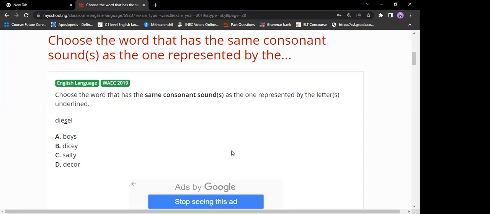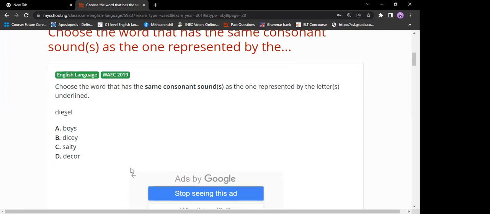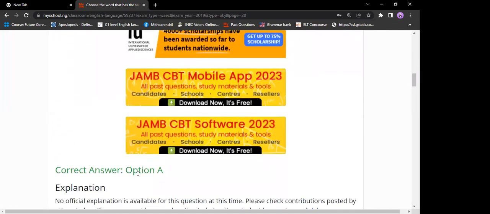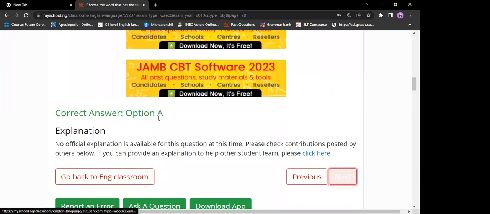And in option A, the letter S is pronounced as Z, boys. With the singular boy, the plural is pronounced boys. So let's check to know if we are correct. We are correct. So let's try one or two more.